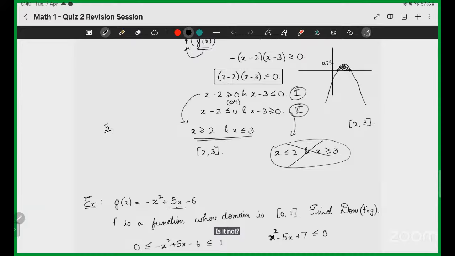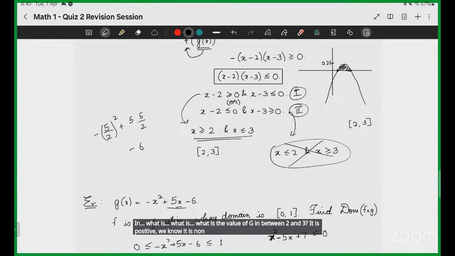It's negative 5 by 2 square plus 5 times 5 by 2 minus 6, plus 7. No, I'm just looking at g. What is the value of g in between 2 and 3? It is non-negative, that we know.